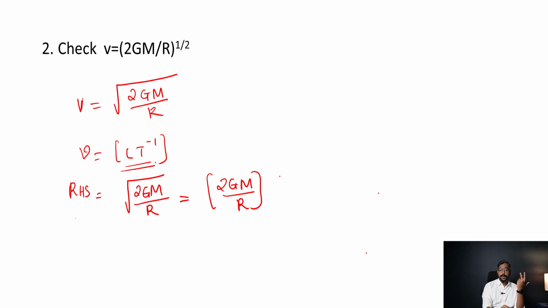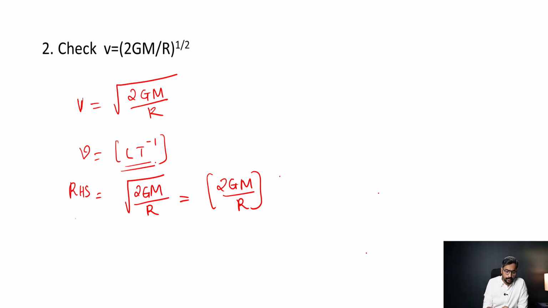If I'm taking the RHS, then I should get L t raised to minus 1. So let us see. RHS is equal to root 2 gm by r, which is nothing but 2 gm by r raised to half.